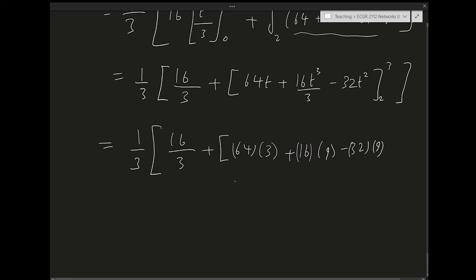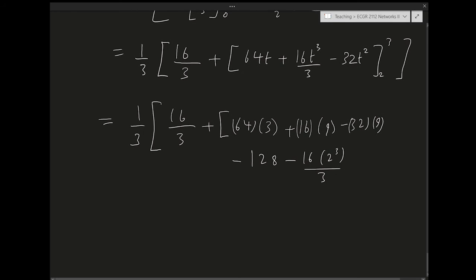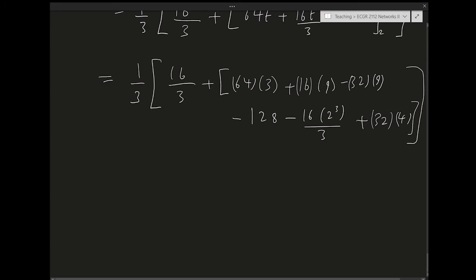So I'm going to end up with minus 64 times 2, which is 128, minus 16 times 2 cubed over 3, and then minus becomes plus 32 times 2 squared, which is 4. So yeah, multiply all of this, sum them up together.